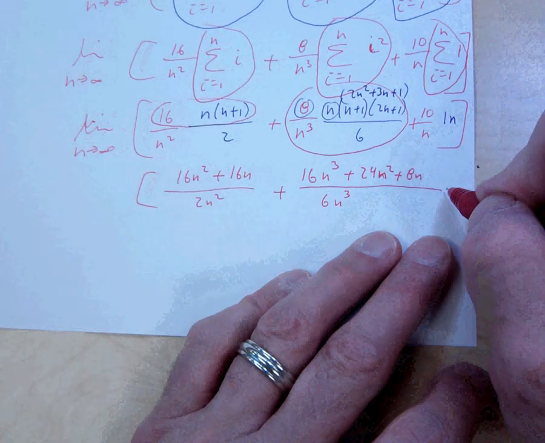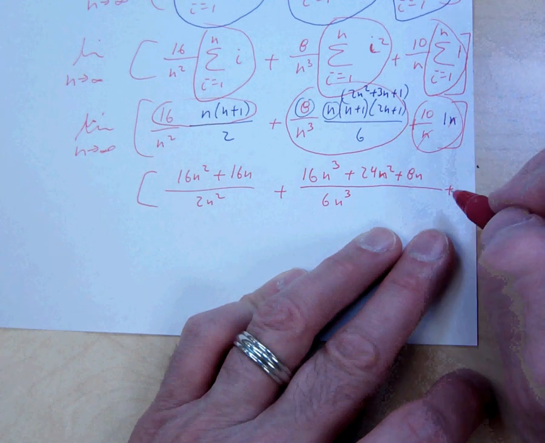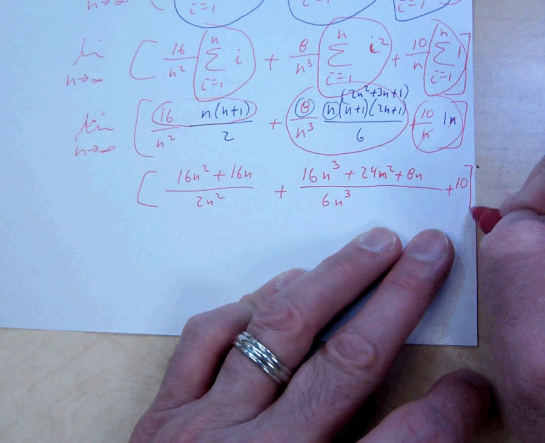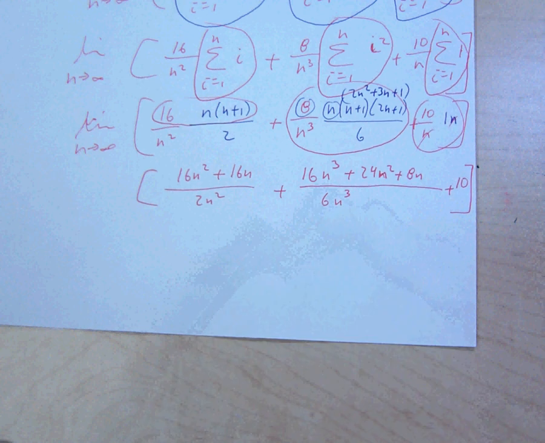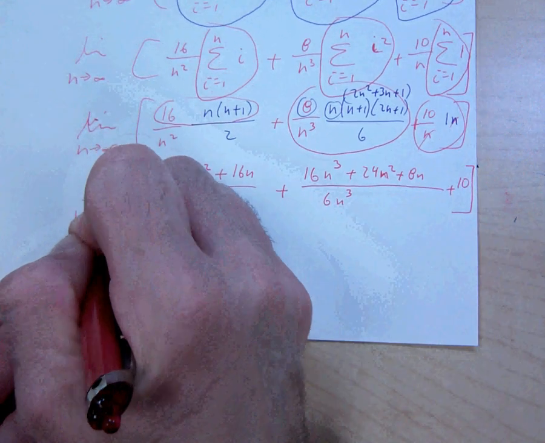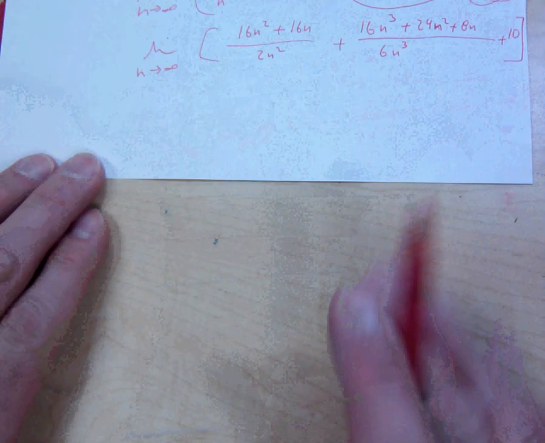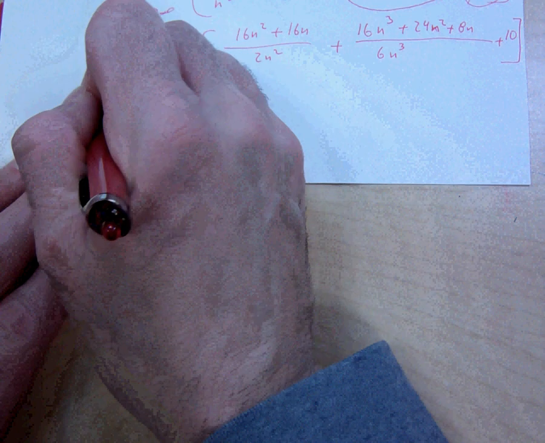And then here I get what? Yeah, the n's cancel, I just get what? 10. Everybody agree? Yes? All right, guys. Now, I'm going to split this up now into 3 separate limits.